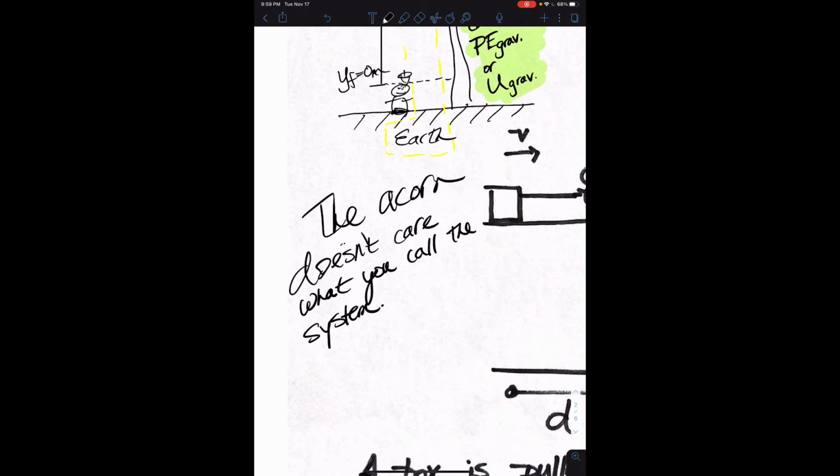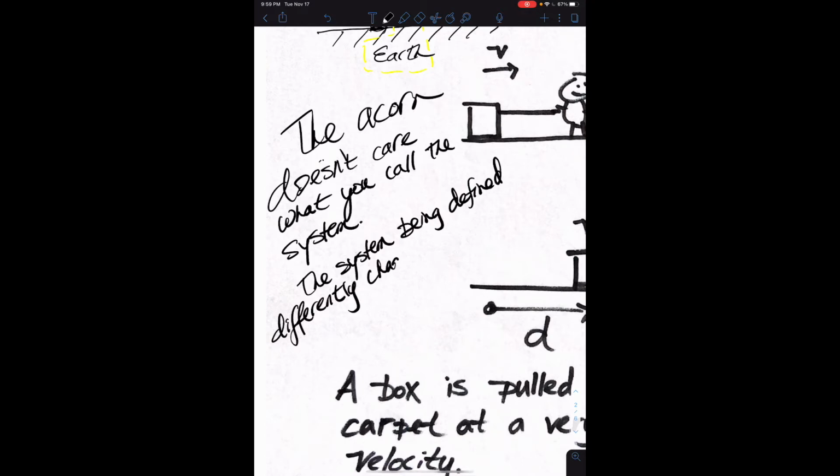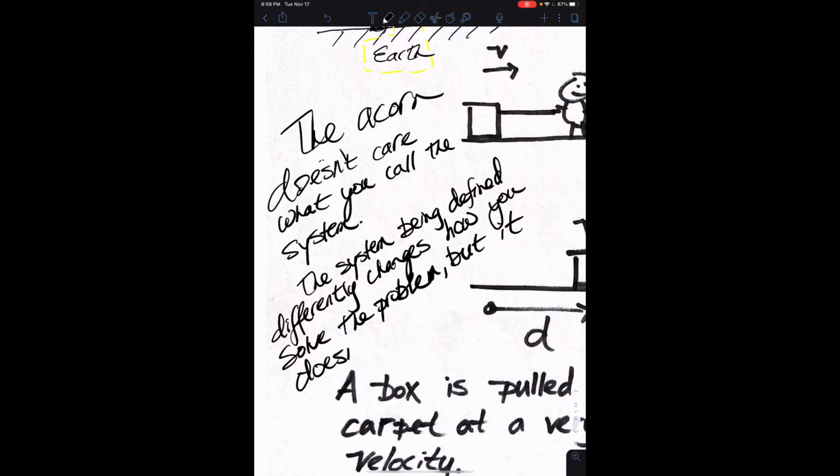It is something that changes how you solve the problem when it's defined differently, right? But it does not change the problem.